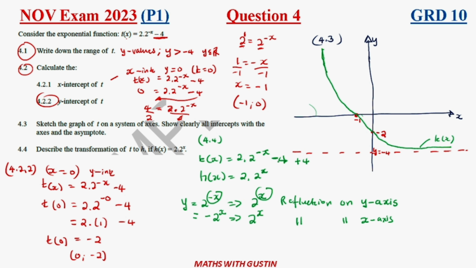So this function moved up. Therefore this function was reflected and moved up by 4 units.